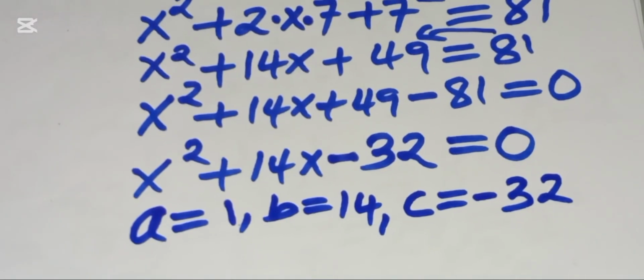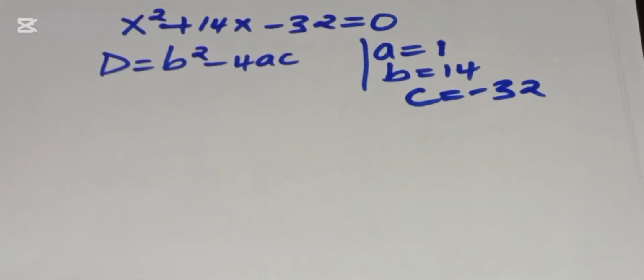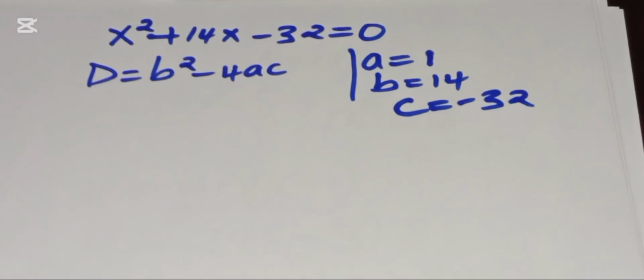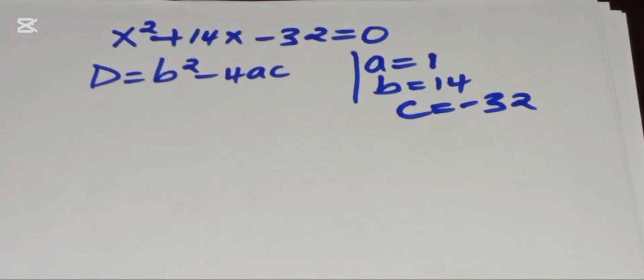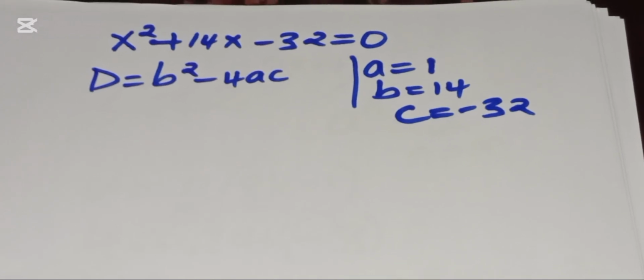From our quadratic equation, we can determine the discriminant value, which gives us the nature of the roots of this quadratic equation, expressed as b² − 4ac.